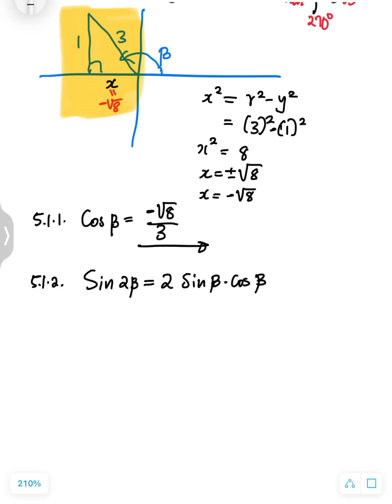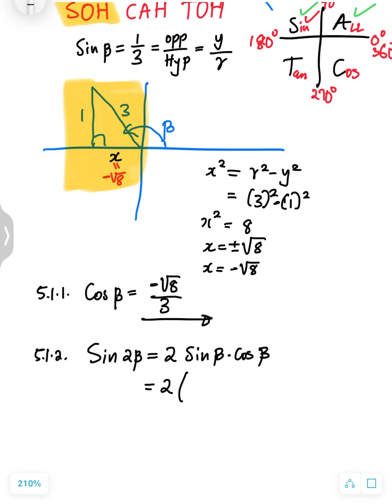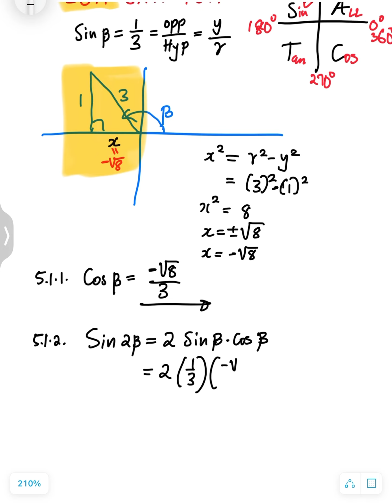Now that we have one angle, not a double angle, we can simply substitute. Sine beta is opposite over hypotenuse, so that is 1 over 3 according to our diagram. And cos is adjacent over hypotenuse, that will be negative root of 8 over 3.